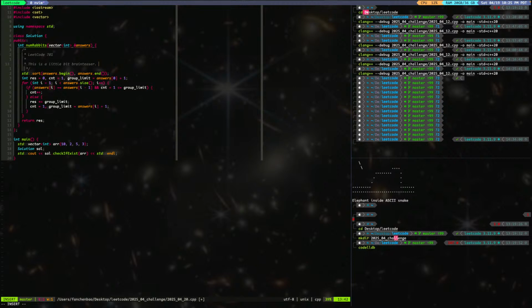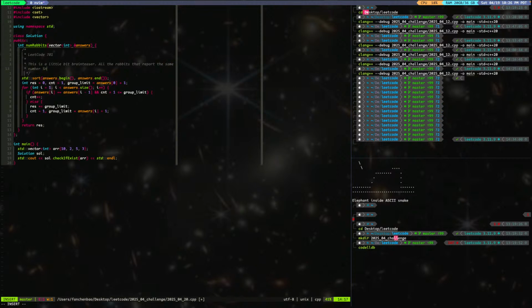It'll just say all the rabbits that report the same number should be part of the same group, should have the same color, right?